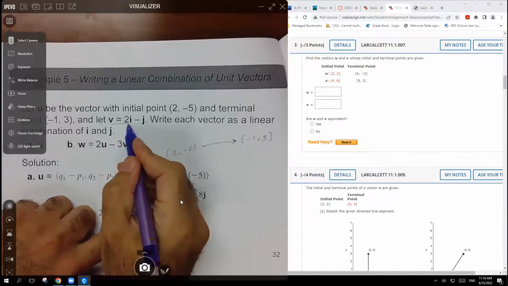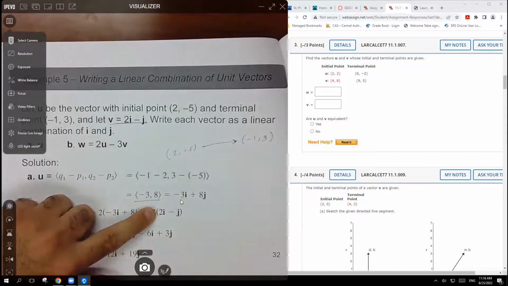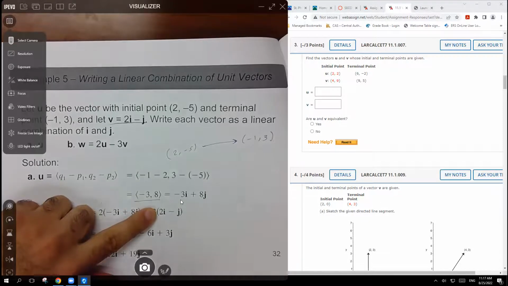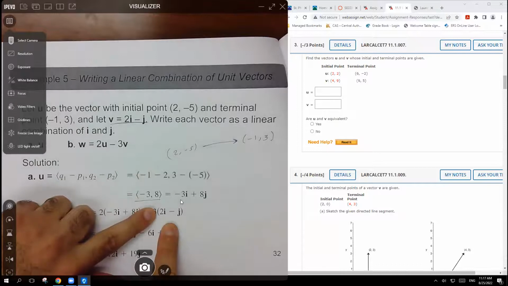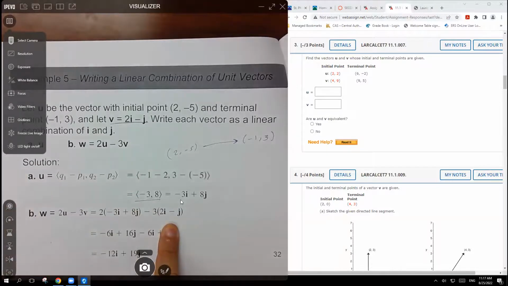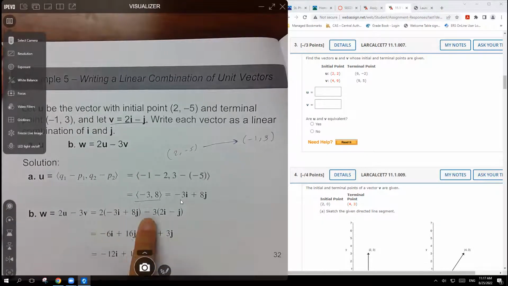They gave you v as a vector written in the standard unit vectors. So now we're just going to write down v exactly the same. Do the operation, distribute the 2, distribute the negative sign, combine like terms. It's going to be -6i, -6i is going to be -12i, 16 with the 3 is going to be 19j. So the vector W is written as a linear combination of the standard unit vectors.